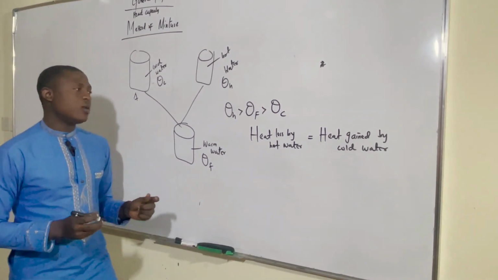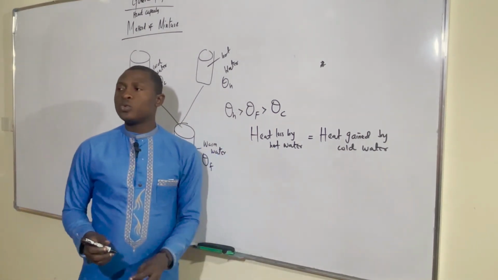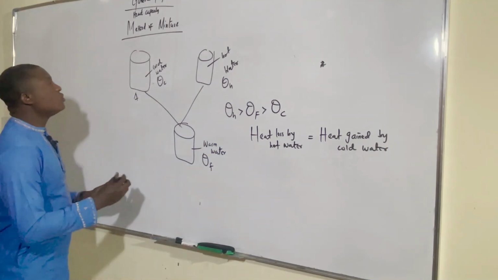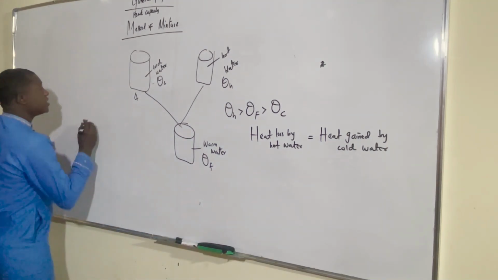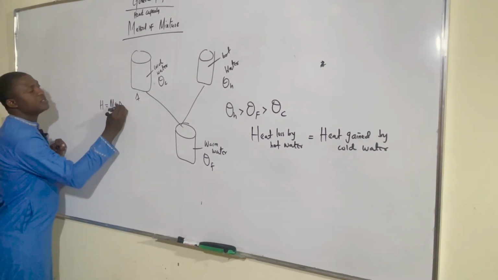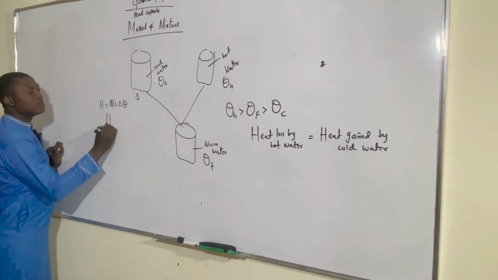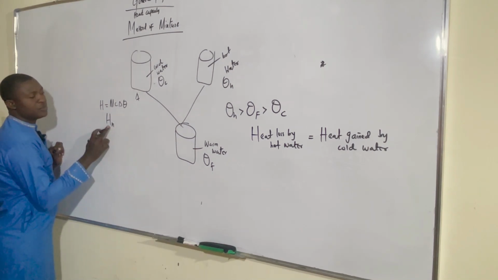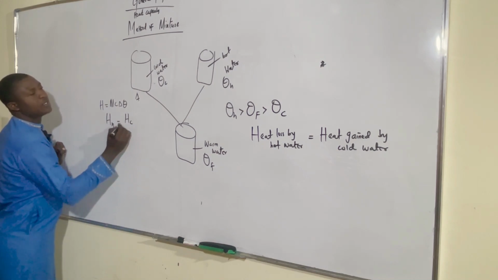Heat loss by hot water is equal to heat gain by cold water. Now we know in general that heat is equal to MC change in theta, right? So now we are using that expression: heat loss by hot water is equal to heat gain by cold water.